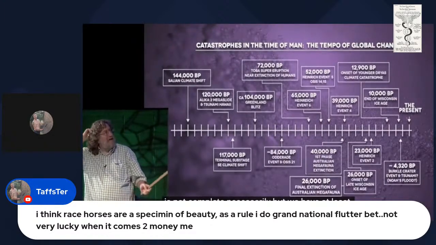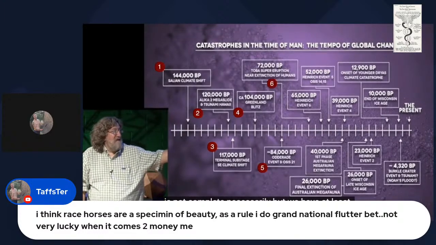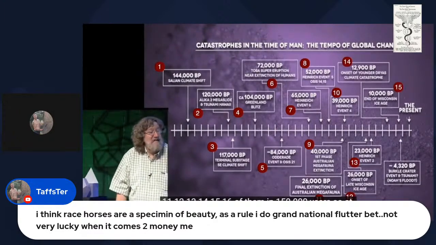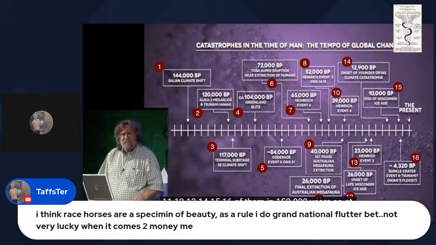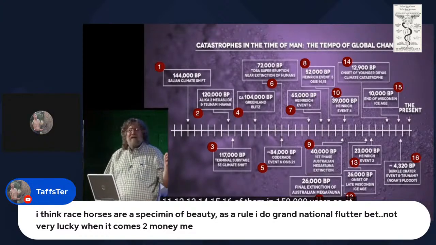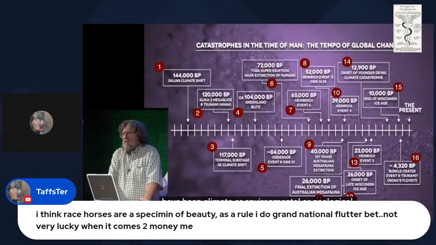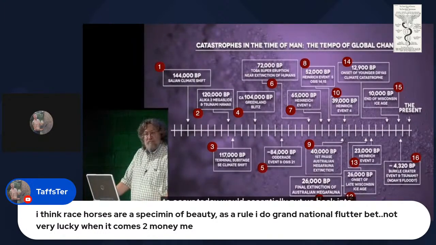This is not complete necessarily, but we have at least 1, 2, 3, 4, 5, 6, 7, 8, 9, 10, 11, 12, 13, 14, 15, 16 of them in 150,000 years. So at least 16 times in the last 150,000 years, there have been climate or environmental or geological catastrophes powerful enough that were they to occur today would essentially put us back into the Stone Age.